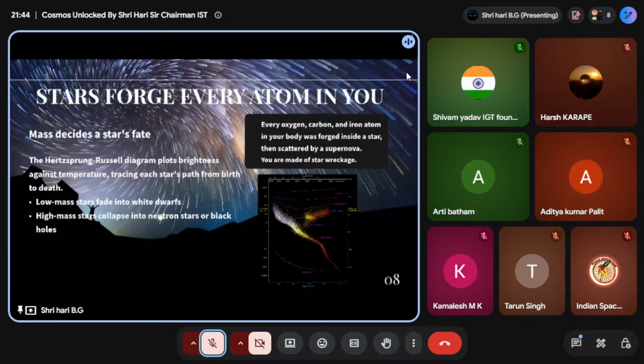And here you can see the graph on the right side, which is given by Hertzsprung and Russell, the two scientists who worked on the stars and gave the graph. I won't go that deep into it. On the y-axis they have given luminosity, and on the x-axis, I think it is the spectra, and luminosity and absolute magnitude are given.